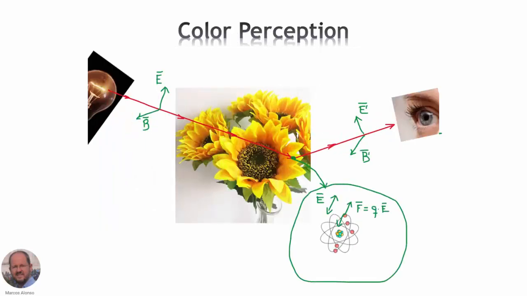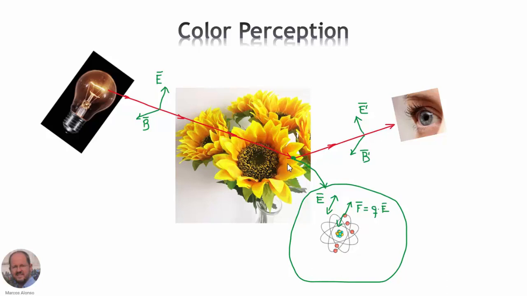We can now also understand the perception of the colors of different objects, because the electromagnetic radiation emitted by the source of light goes into the object. We usually think that this radiation bounces and then goes into our eyes, but the process is not so simple.